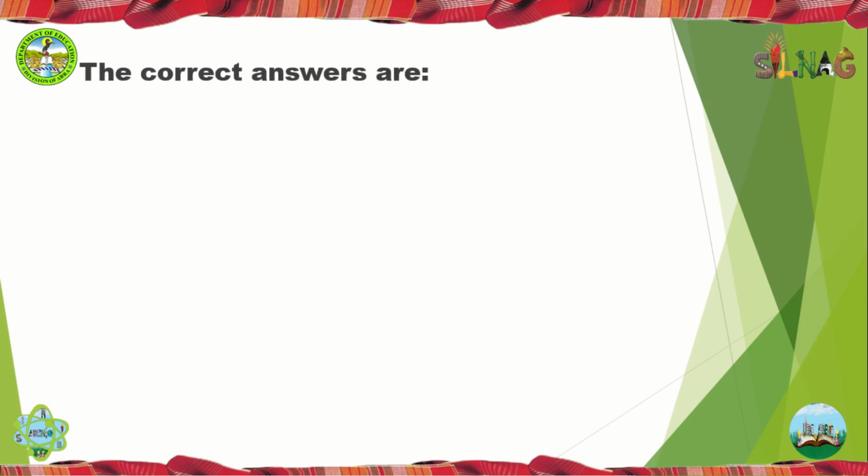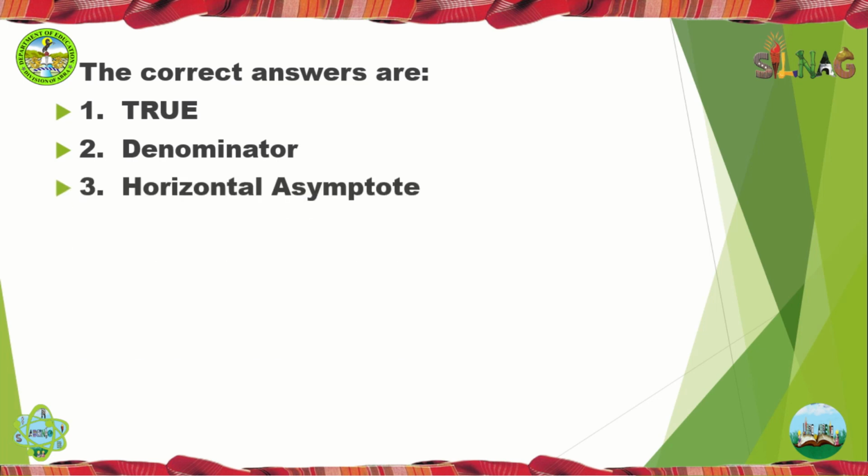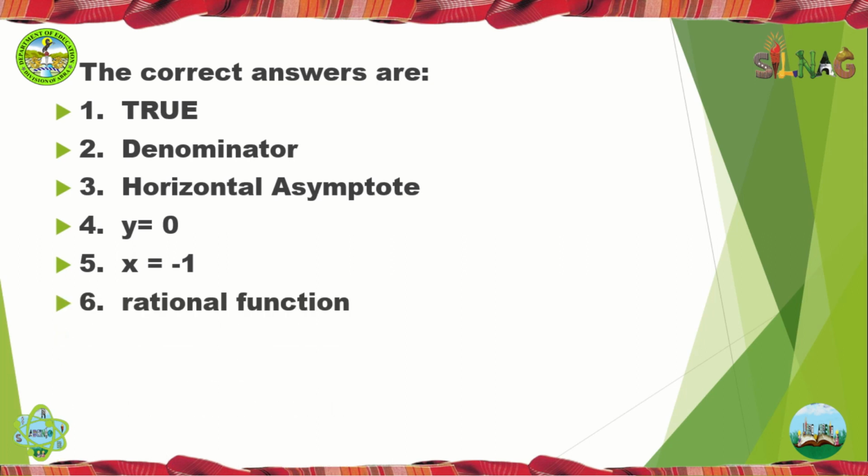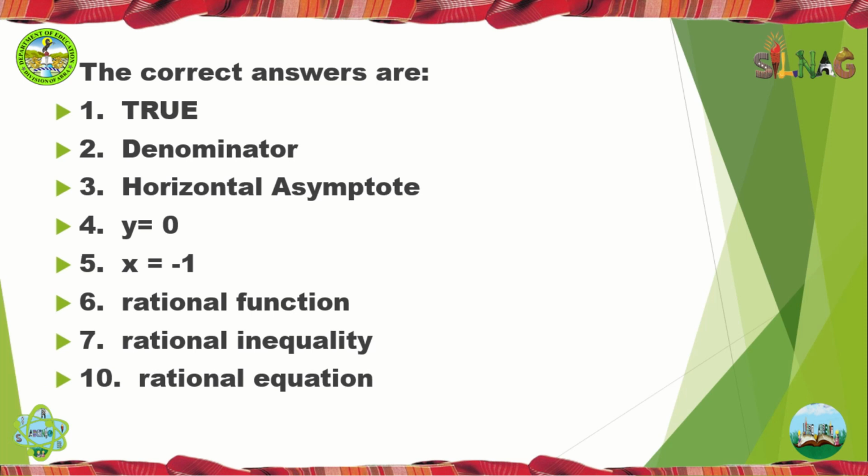The correct answers are number 1 is true, number 2 is denominator, number 3 is horizontal asymptote, number 4 y is equal to 0, number 5 x is equal to negative 1, number 6 rational function, number 7 rational inequality, and number 8 rational equation.